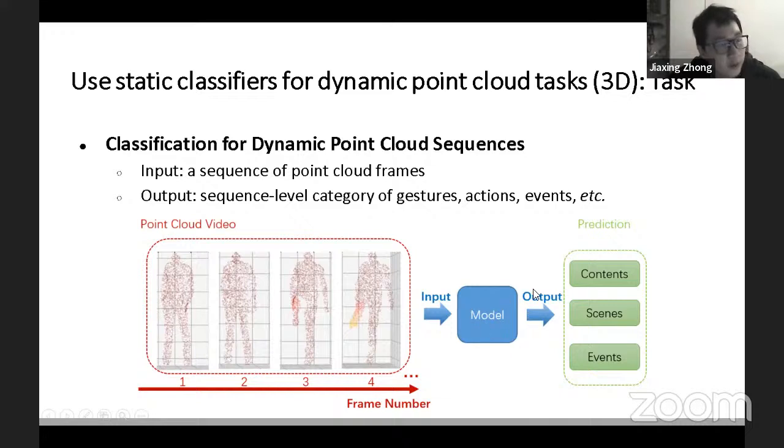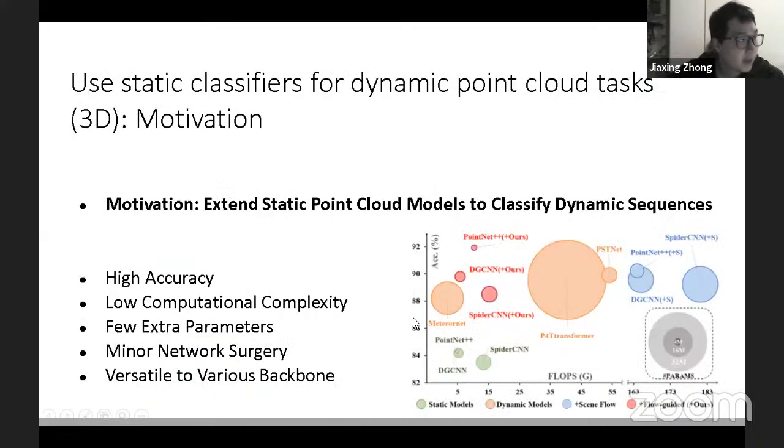The model will need to output this category. And this is what we are trying to do. Let's look at our motivation and main idea.